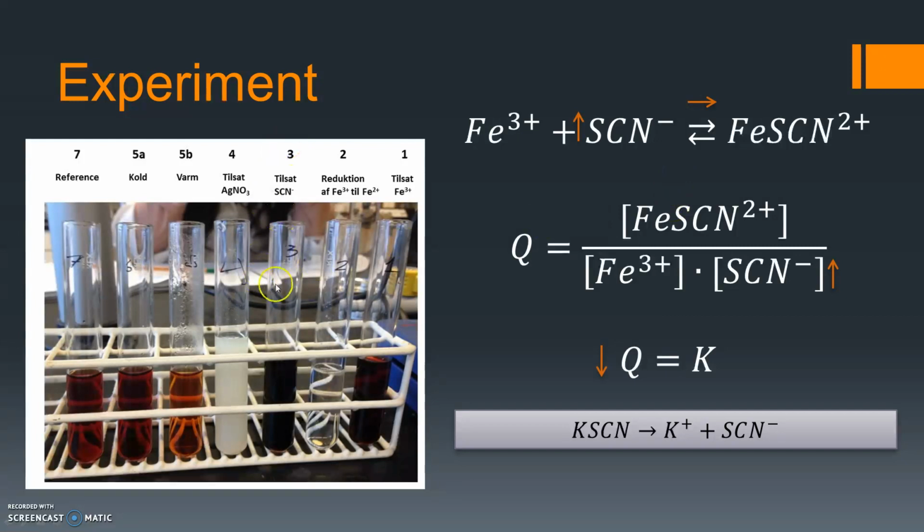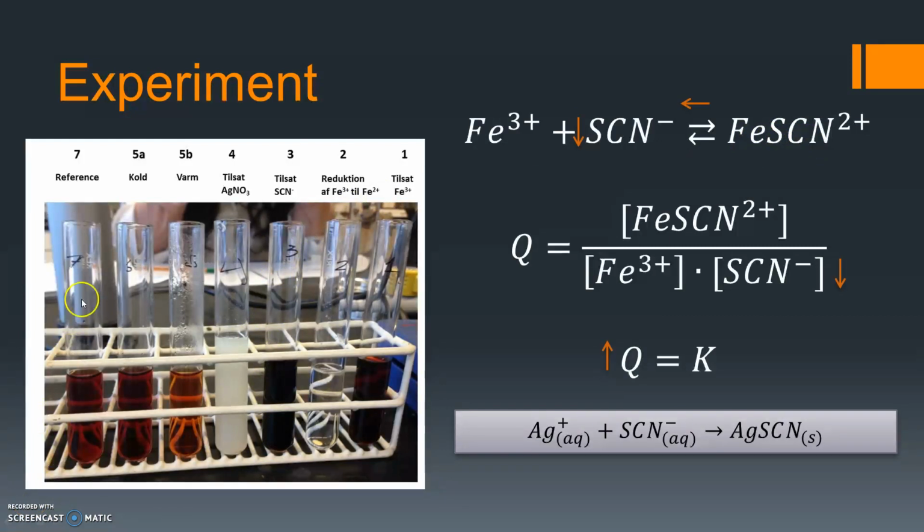And you can also see here in the results, the color of the solution is a much darker red than the reference, because of the increase in products after the equilibrium has stabilized.